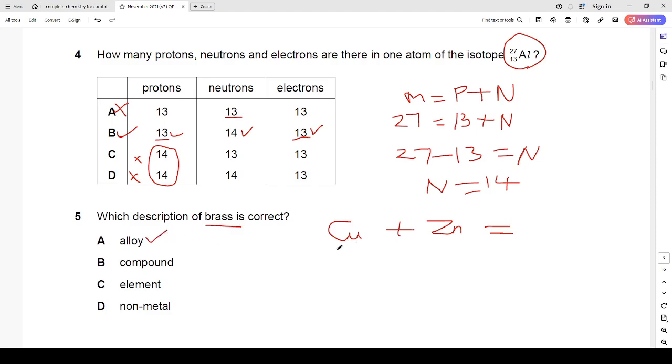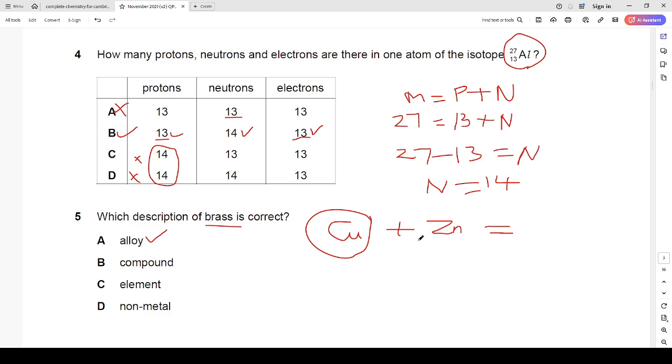And you should bear in mind that copper is an element, zinc is an element. Though both of them are elements, this combination is simply based on a physical change. It is not a chemical change.